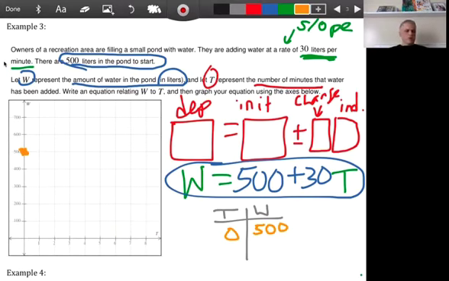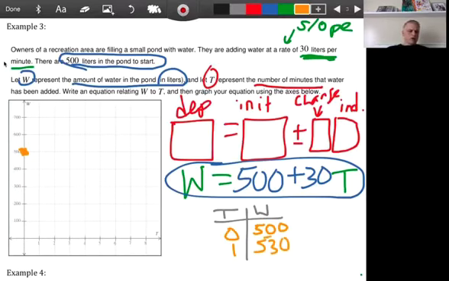So we did 0. Let's take, I don't know, let's take 1. If t is 1, 500 plus 30 times 1. Well, 30 times 1 is 30. 500 plus 30 is 530.